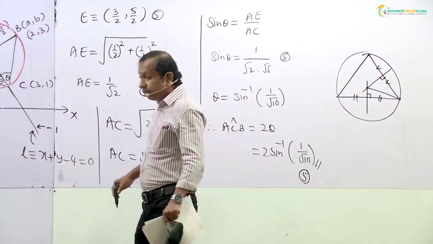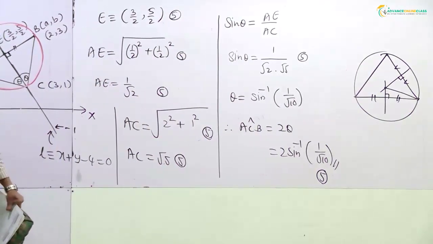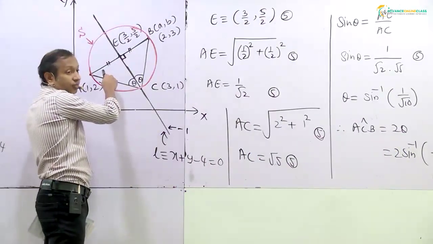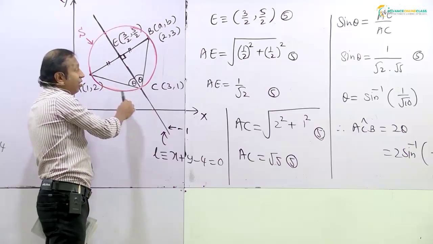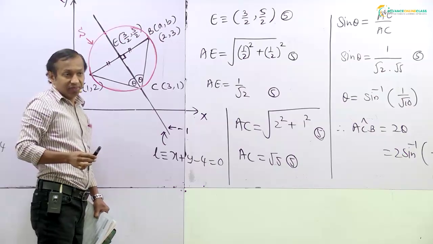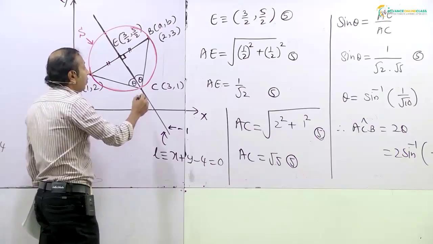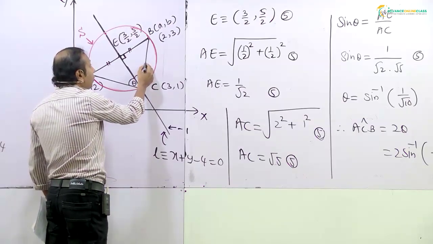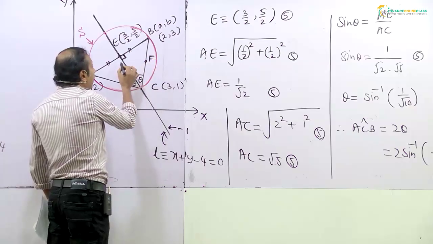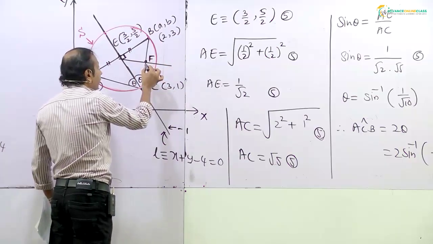Therefore, in this case, it is asking for the center of the circle S. This line L is already what? The perpendicular bisector of this side. If you can find another perpendicular bisector of the same triangle, not just bisector, perpendicular bisector, suppose I'm going to find the perpendicular bisector of this BC. First, I take the midpoint of BC as F, and I draw the perpendicular bisector.